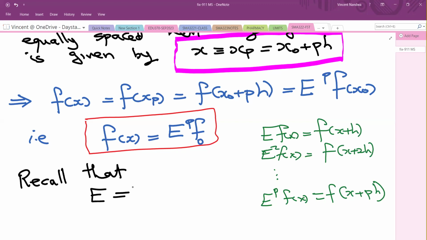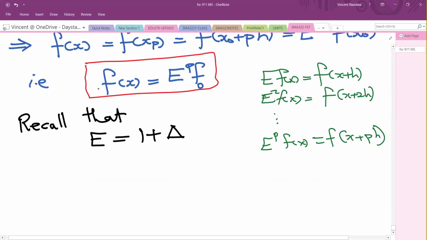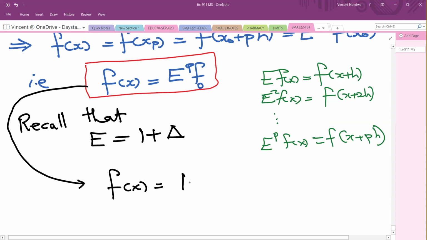Shift is the same as 1 plus the forward operator, correct. These are results that we already showed in the previous class. So that tells us that we can rewrite this as f of x is equal to (1 plus forward operator) raised to power p of f naught.